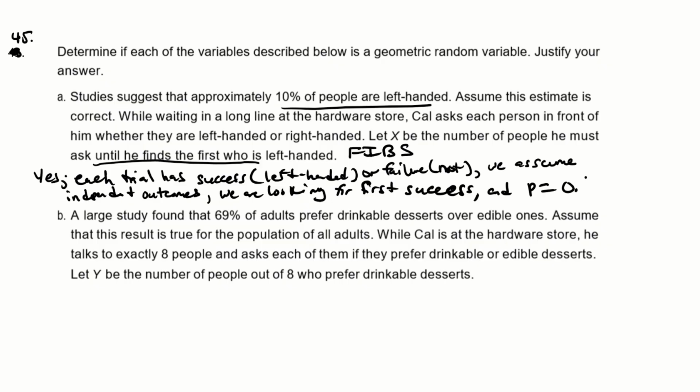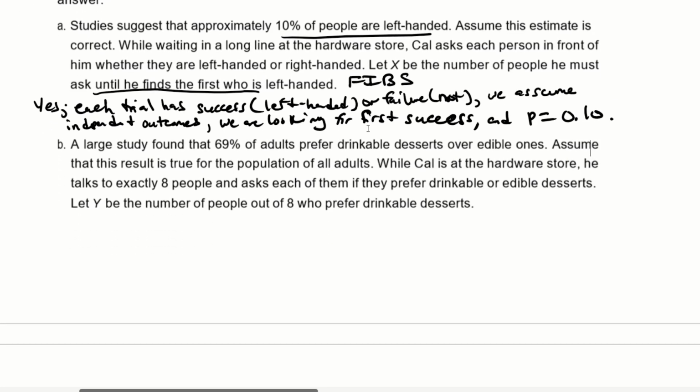All right, so a large study found that 69% of adults prefer drinkable desserts over edible ones. So 69%. Assuming that this result is true, he talks to exactly 8 people and asks each of them if they prefer drinkable or edible desserts. Let y equal the number of people out of 8 who prefer drinkable desserts. Okay, so this fails, by the way, the F in FIBS because you're not looking for the first success.